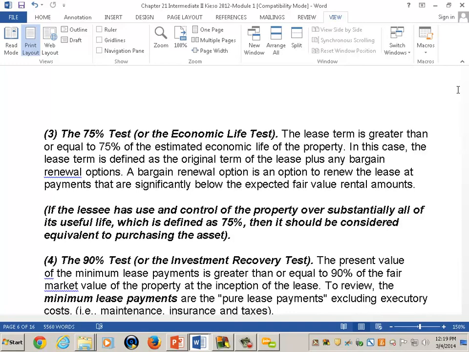So the initial term plus the bargain renewal option, if that's 75% or more of the economic life of the asset, it's got to be a capital lease.